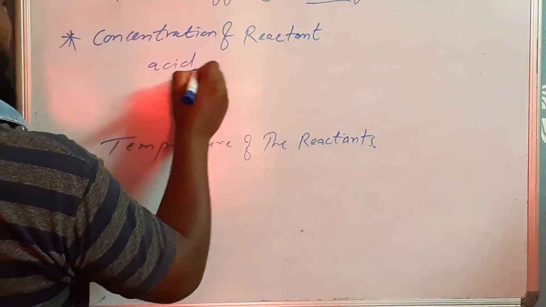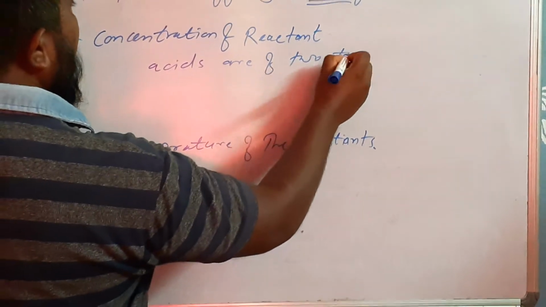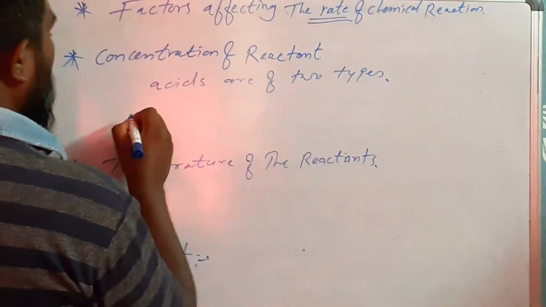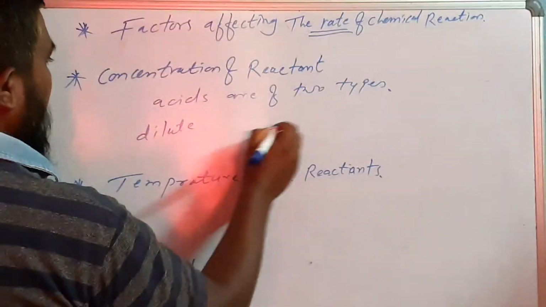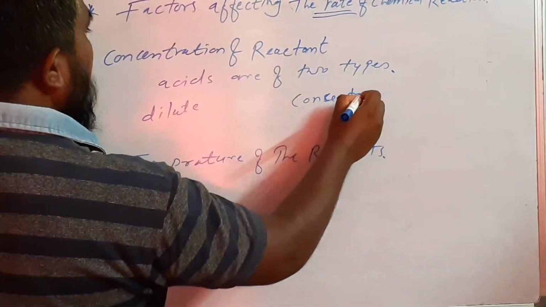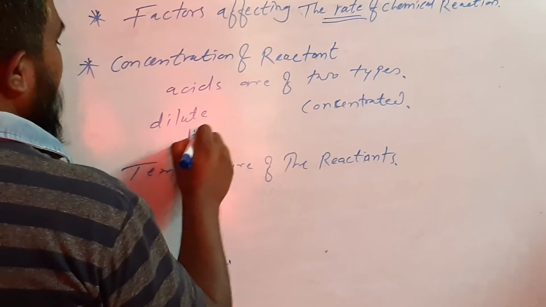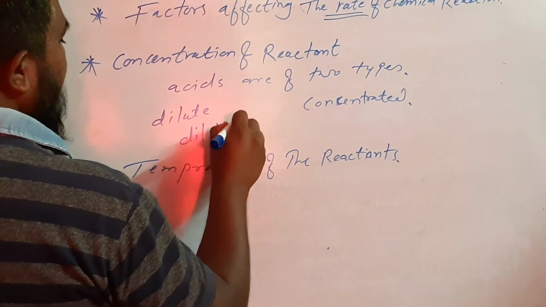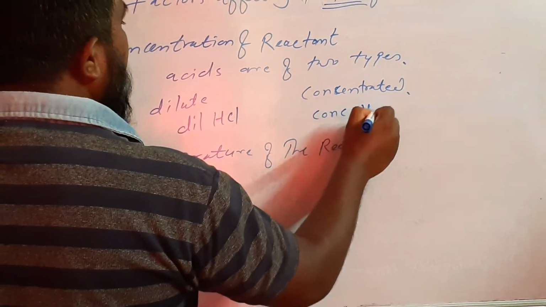Acids are of two types. One is dilute and one is concentrated. Dilute HCl will be written as dil. HCl, and concentrated will be written as concentrated HCl.